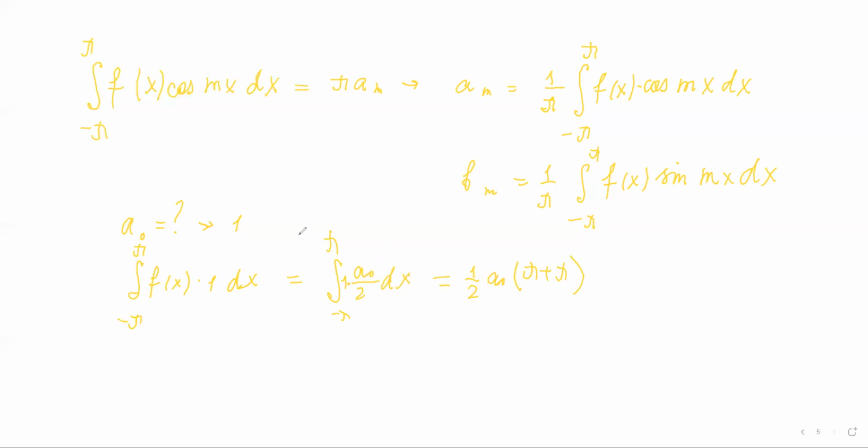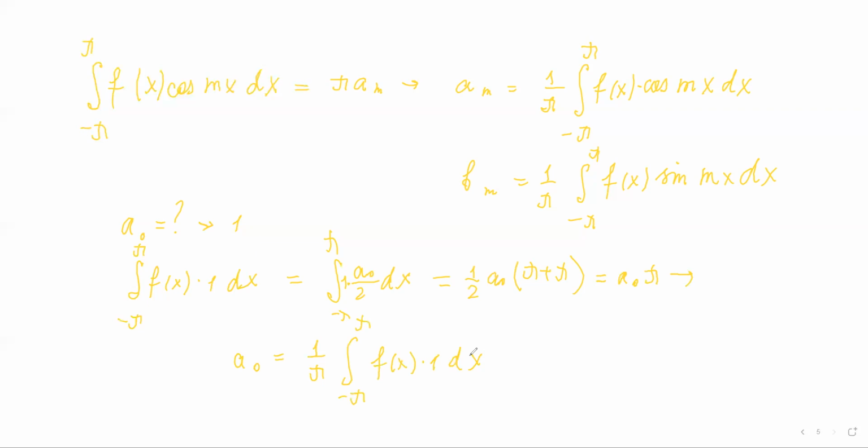This is a constant, you can take it outside. What I'm going to get is actually a0 pi, from where the formula for a0 is 1 over pi, the integral from negative pi to pi of f of x. You can write down multiplied by 1 dx, but no one is doing this.